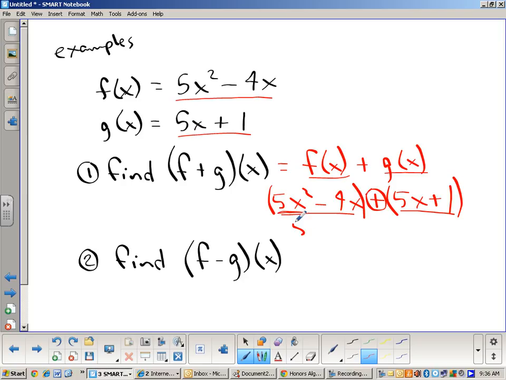And so I get 5x squared minus 4x plus 5x, so plus x. Plus 1. And then there's a plus 1 out here. No other constants in the expression, so we can't add anything to it. We just get 5x squared plus x plus 1. Okay? Any questions on that?